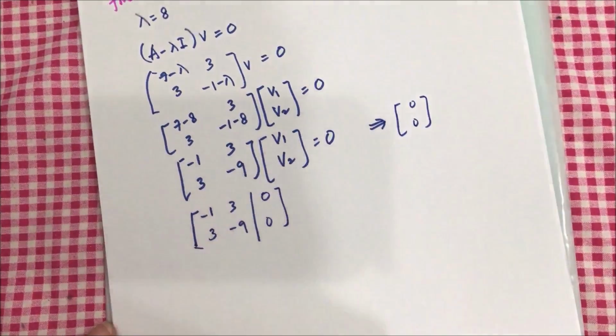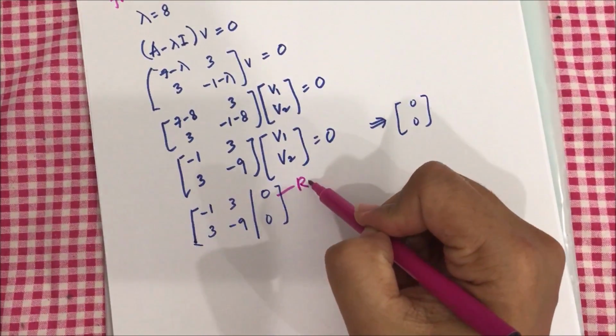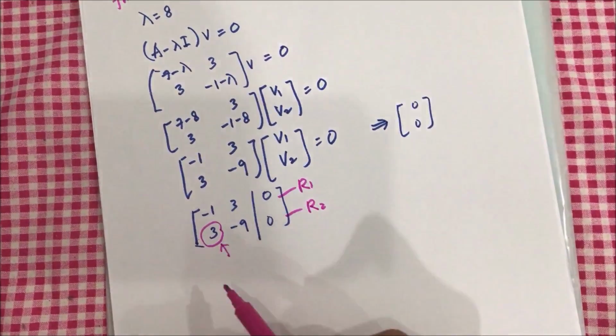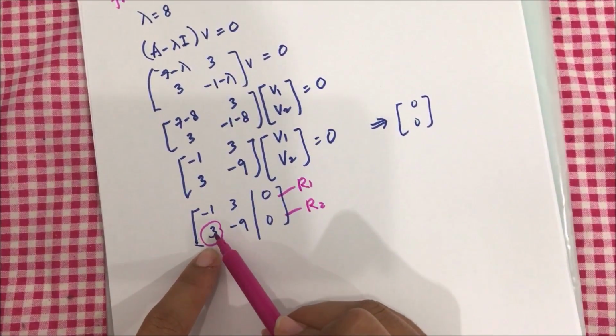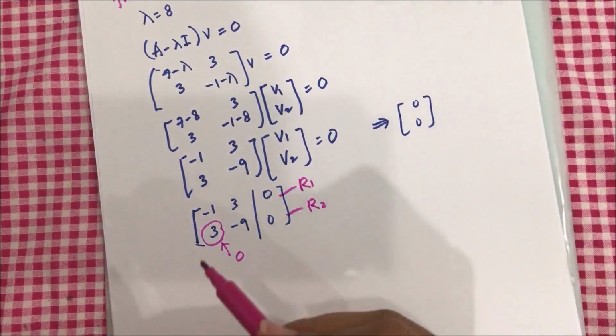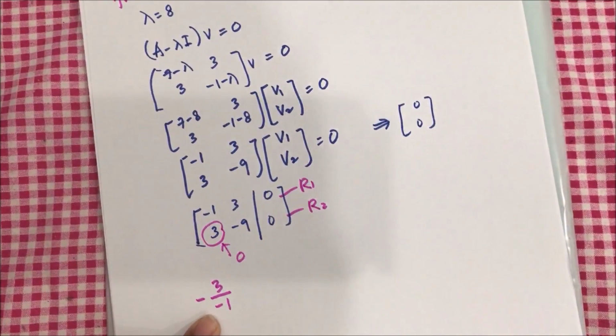Let's say we assume this one as R1 and this one as R2. We try to eliminate this one, to make this 3 become 0, so we have to multiply by negative 3 or negative 1, remember?